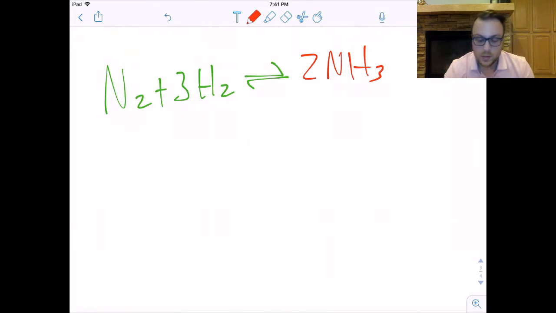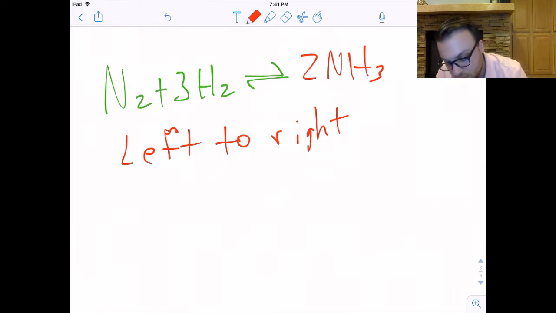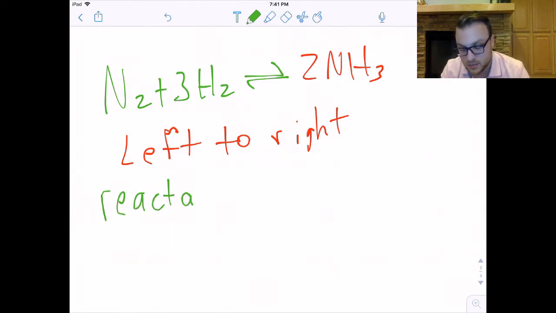You read this from left to right. And the way you would read it is the green parts are called your reactants. So the green part in this reaction is your reactant. The arrow means make.